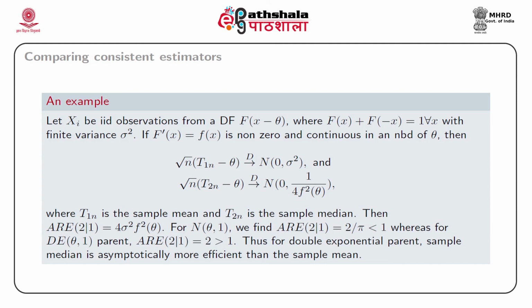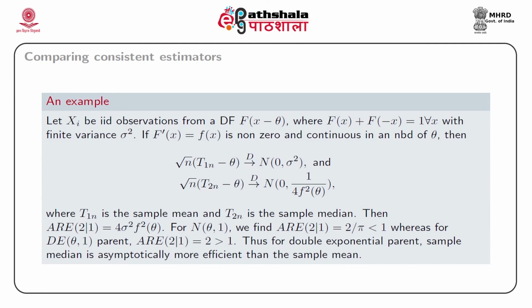If the first derivative of F, that is small f(x), is non-zero and continuous in a neighborhood of theta, then it can be shown that the large sample distribution of T1n is normal with mean 0 and variance sigma square, and the large sample distribution of T2n is again normal with mean 0 but with variance 1 by 4 times f square theta, where T1n is the sample mean and T2n is the sample median.